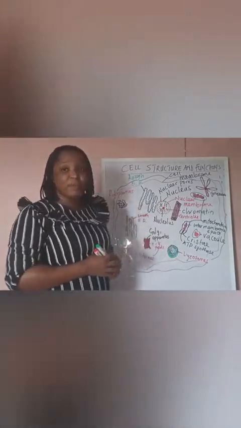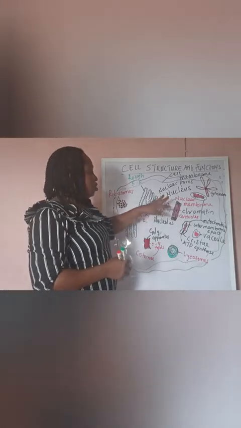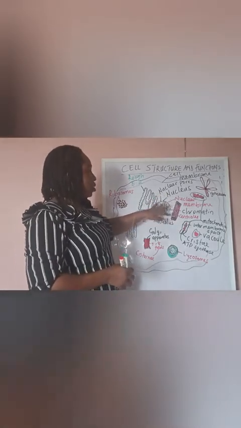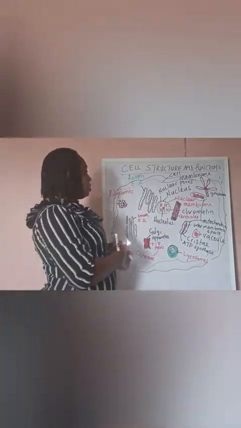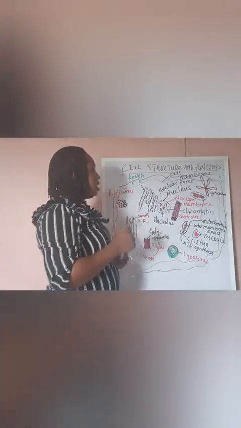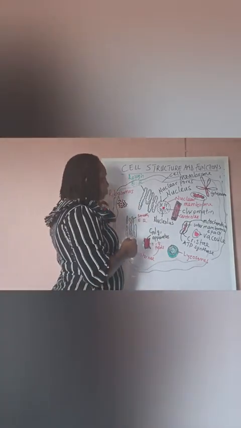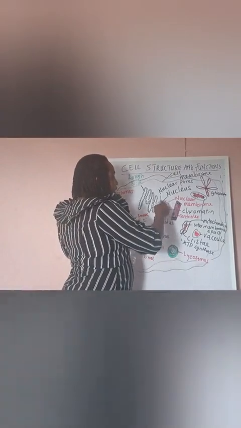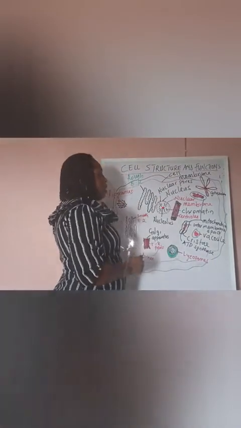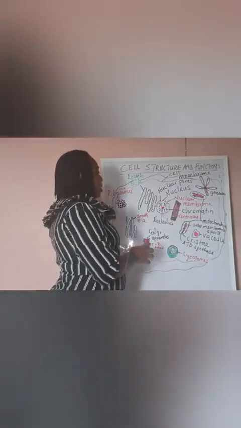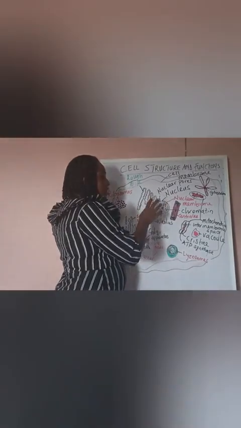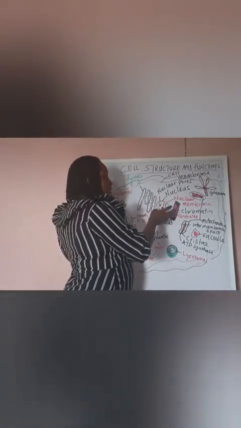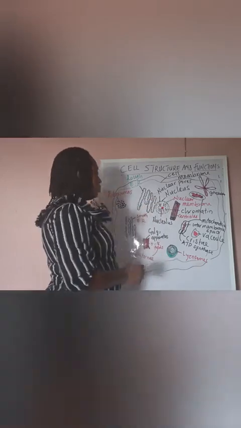So this nuclear membrane surrounds the nucleus completely and separates the content of the nucleus from the content of the cytoplasm. So another thing about this nuclear membrane is that it has tiny pores, which we call nuclear pores. So these pores prevent large molecules and large proteins from moving out and in of the cell.